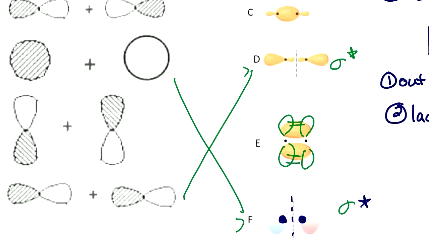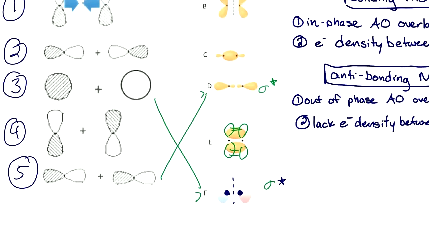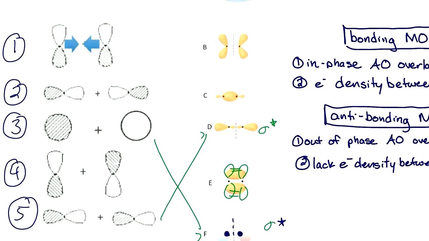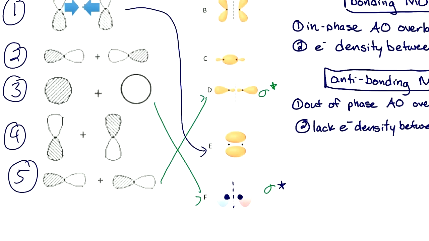All right, and what kind of overlap do we call that? Pi, yes. All right, so where's our pi interaction? Is it 1 or is it 4? 1, yeah, so E is actually going to go with number 1. And we know this because we see, all right, so see how there's no dotted line between the atoms themselves?